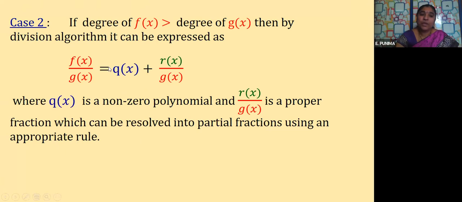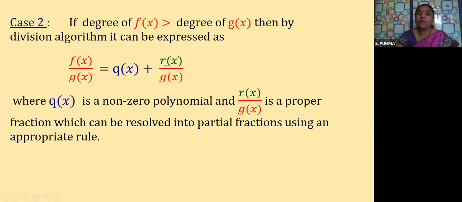The only difference is that in case 1 you will get only a constant, because the degrees are the same there. Yes or not? So definitely you will get a constant as the quotient. But in this case 2, where the degree of f of x is greater than that of g of x, you won't get a constant. Here you will get a polynomial as our quotient. Whatever remainder is left is taken as the numerator, divided by g of x, which is our proper fraction, because the degree of the remainder is always less than the degree of the divisor.